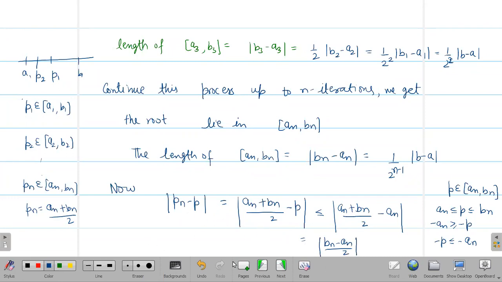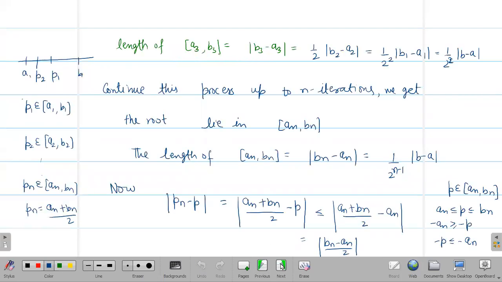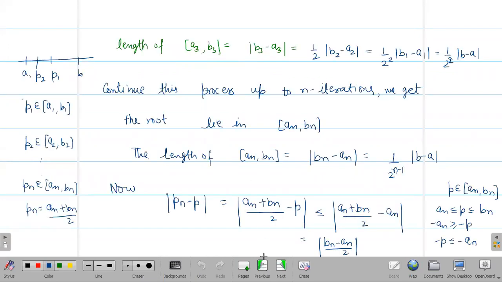So at last you will get pn minus p will be less than or equal to (bn minus an) divided by 2. So now what is this? bn minus an is the length of the interval [an, bn], and it is equal to (1/2) raised to power n minus 1 into (b minus a).